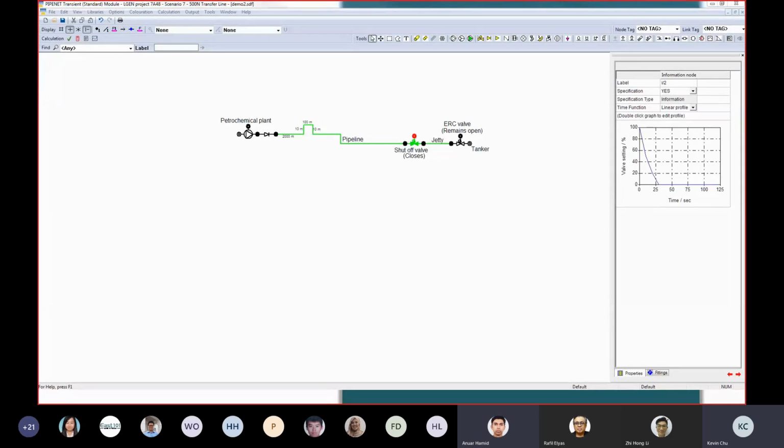Pipenet is definitely doing the same thing. Wanda, Stoner, SPS by DNV, the GL Noble and so on will all behave similarly, but they might have other bells and whistles on top of it. For example, some of the other software other than Pipenet might allow you to do multi-batch, like multi-species fluid tracking inside the pipeline and so on. Yeah, I think that's my answer.